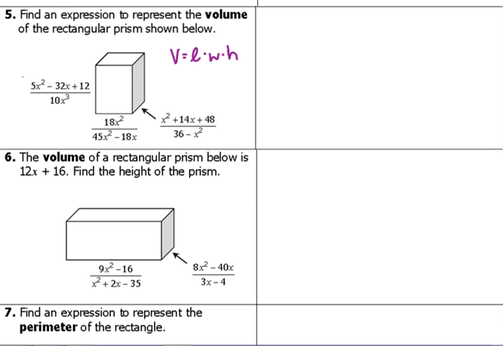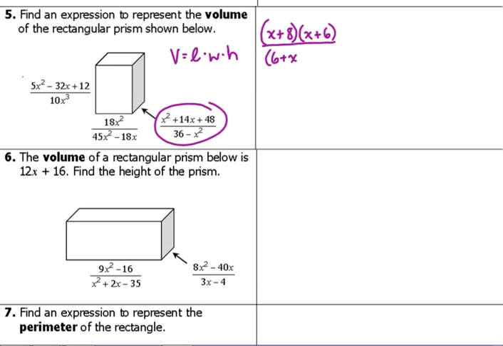Let me pick one of the easiest ones to factor. Let's do this one first. That would be x plus 8 times x plus 6. 6 times 8 is 48, and 6 plus 8 is 14. In the denominator, that's the difference of perfect squares.